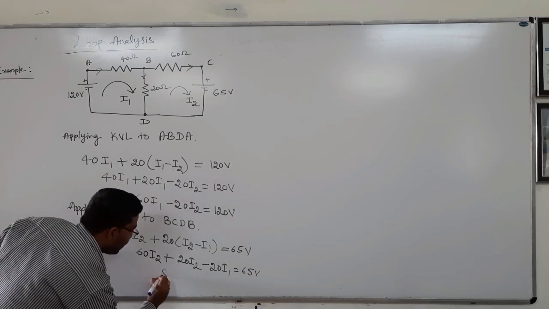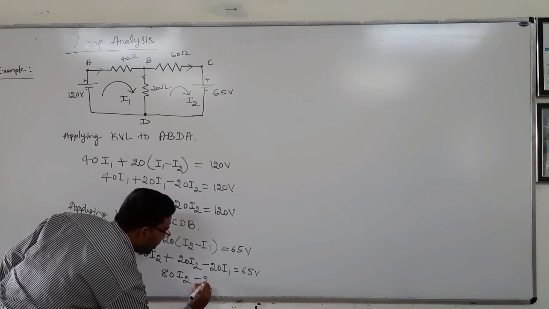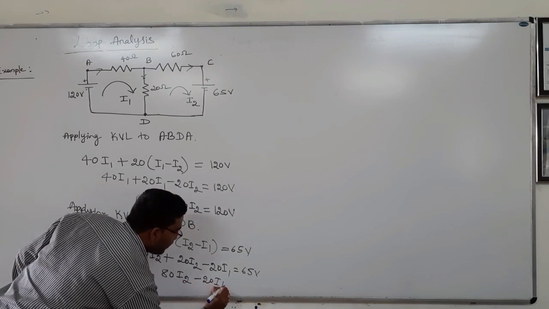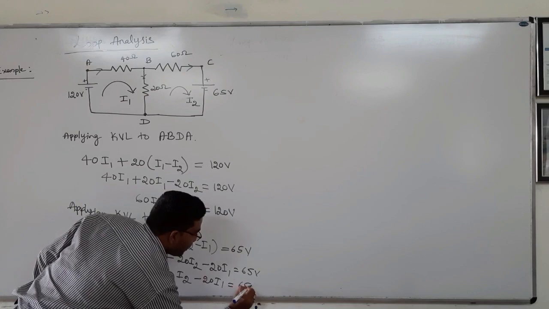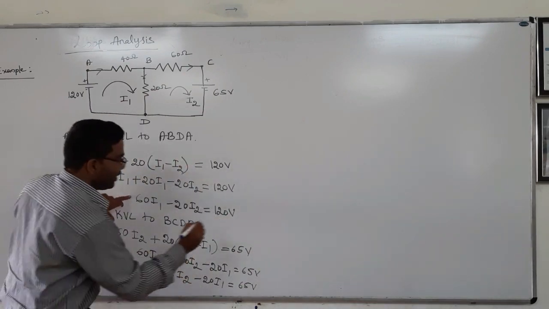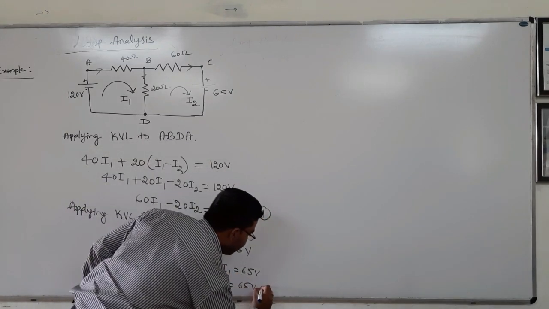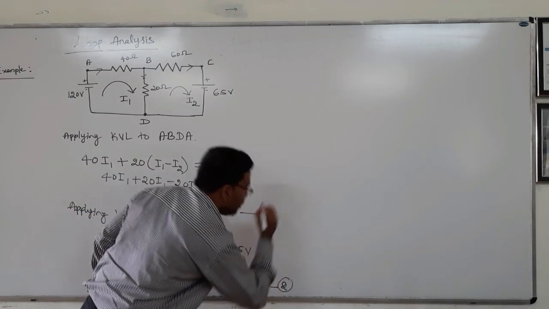So then afterwards I will get 80 I2 minus 20 I1. So this I will consider as equation 1. Then this I will consider as equation 2.